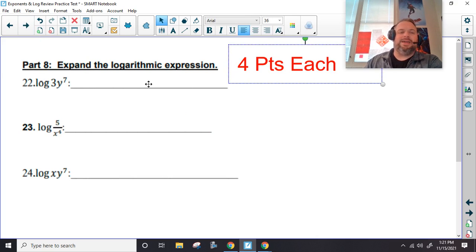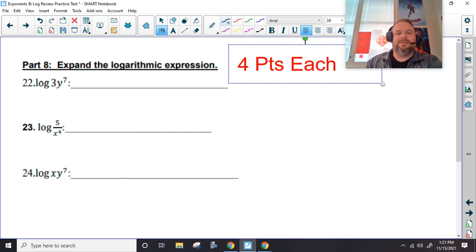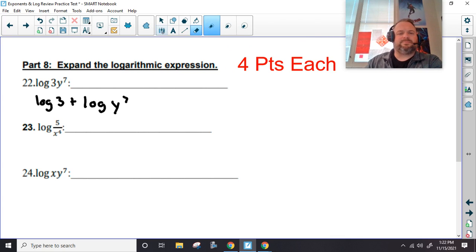So, all right, expansion. Remember, when it's multiplied, you can add these like so. Now, yes, I'm sure.